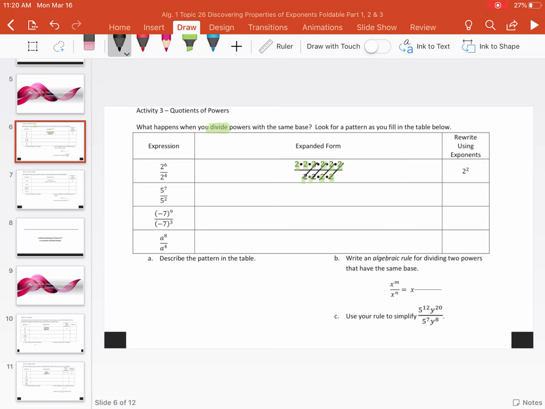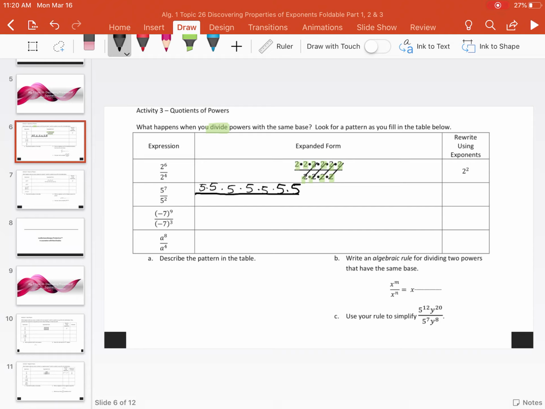If we move to the next example, we have 5 to the 7th over 5 squared. That's the same thing as 5 times 5 times 5 times 5 times 5 times 5 times 5. Is that 7? 1, 2, 3, 4. Yes. Still gotta count.